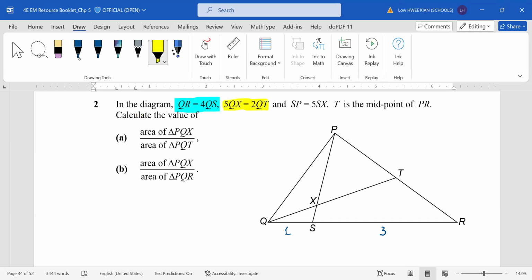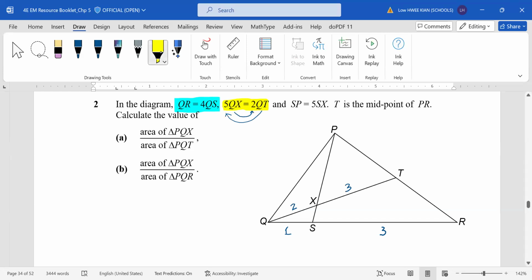So with this, let me put everything together. So 5 times QX, that means this one is 2 units. So I will see QX with this and then QT with this. Yeah, that's another way to look at it. So I have QX is 2 and therefore QT is 5 units. So that means this one is 3.